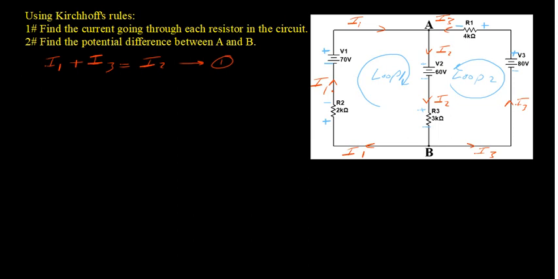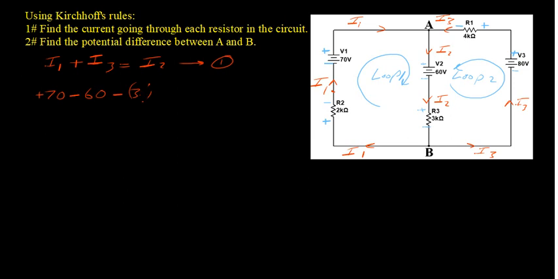Okay, let's write the equation for loop 1. This time I will be starting from here, which is okay. I can start from anywhere in the loop as long as I come back to the same point. So I'll start, it's gonna be positive 70 minus 60 minus 3 kilo, sorry about this one, let's fix this.